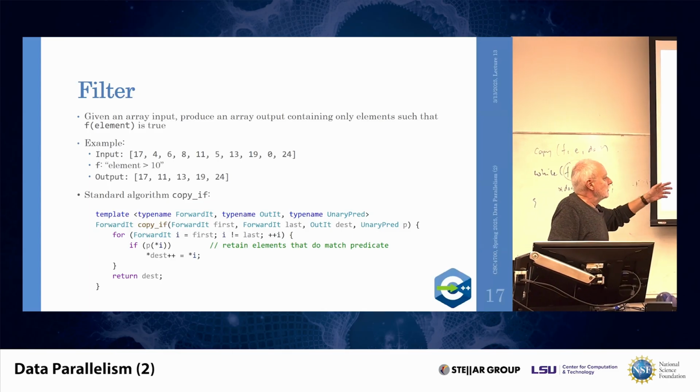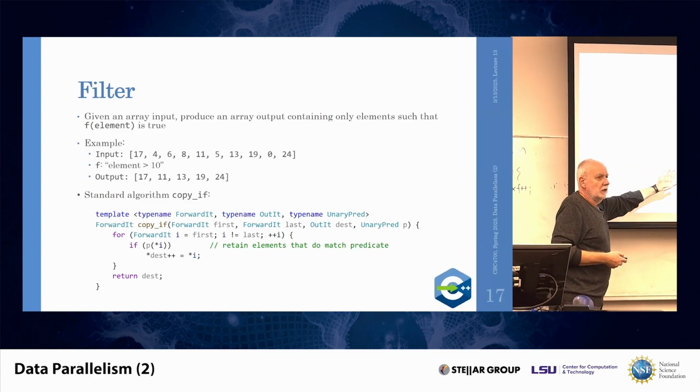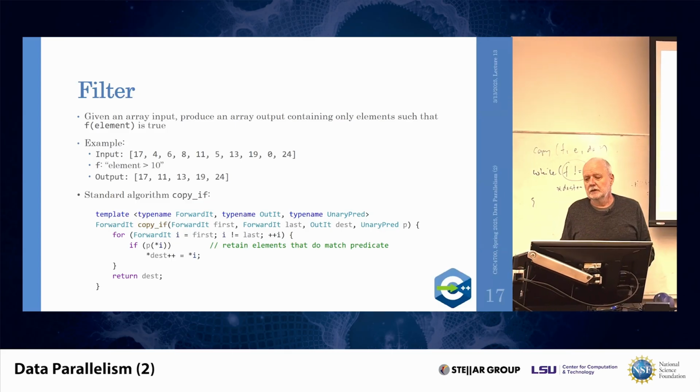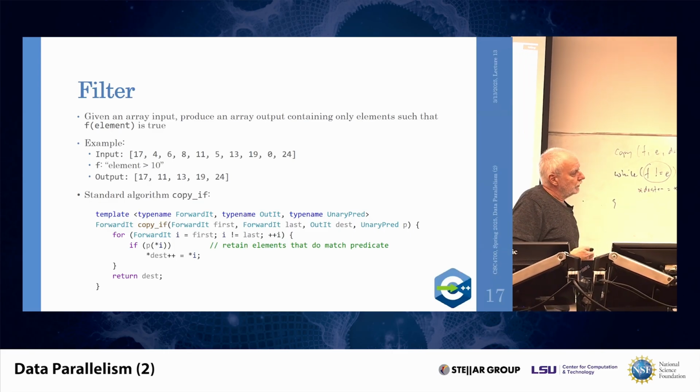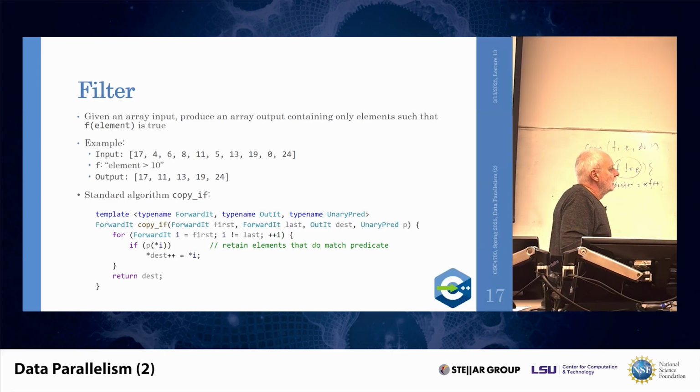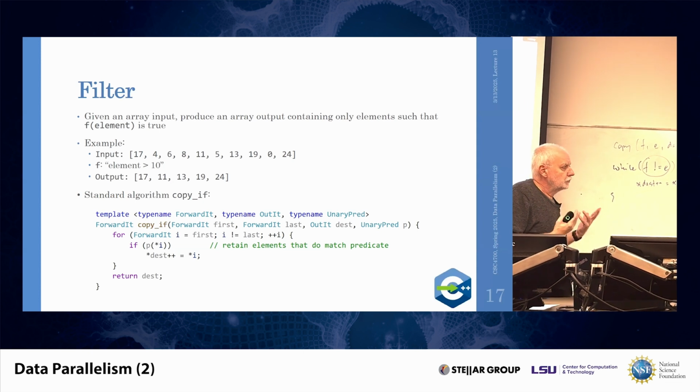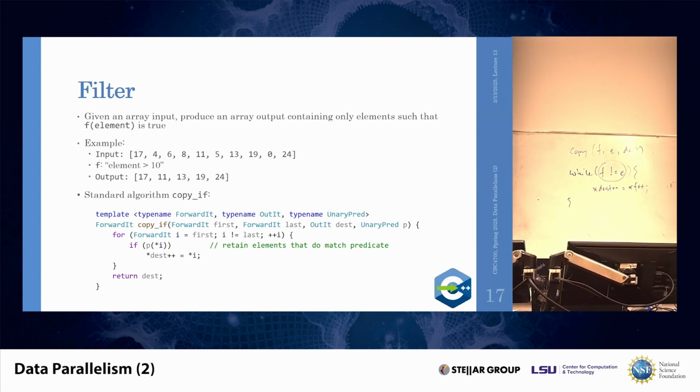That allows us to abstract ourselves from the sequentiality of the loop iteration I'm providing you with. I just provide you the implementation here to make it easier to understand what these algorithms actually do.